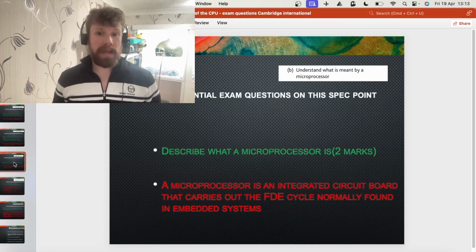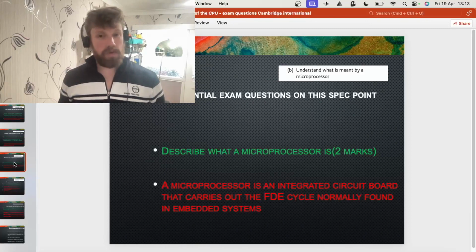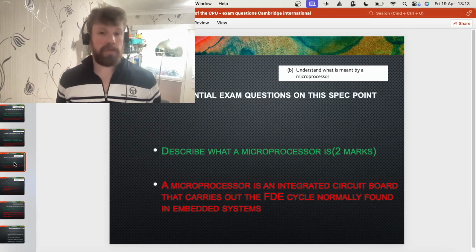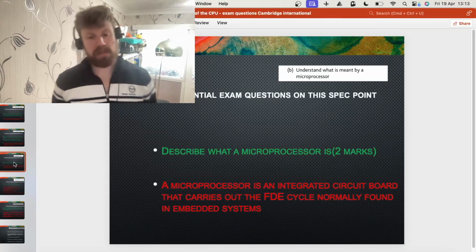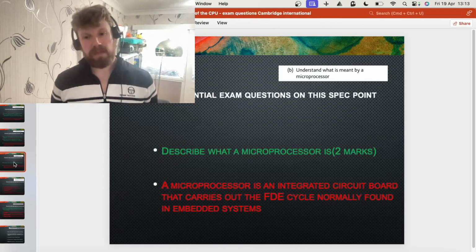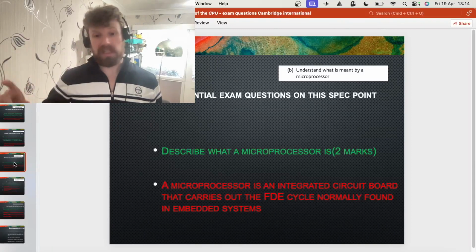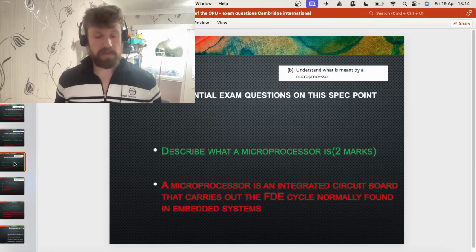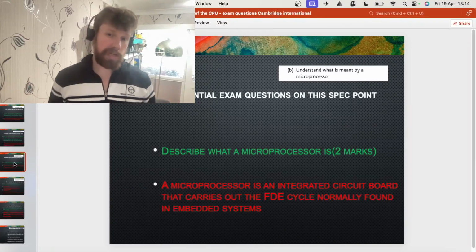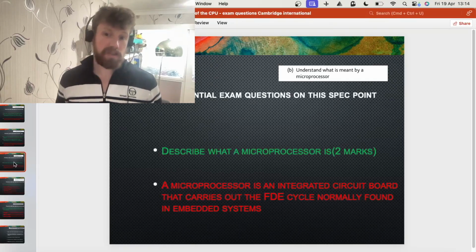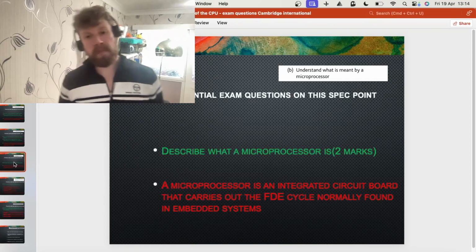Understand what is meant by a microprocessor. The question will be something along the lines of describe what a microprocessor is. A microprocessor is an integrated circuit board. I got this right off the syllabus, so they have to give us the marks for that. Then if it was 2 marks, what I'd carry on to say is that it carries out the FDE cycle, and it's normally found in embedded systems.